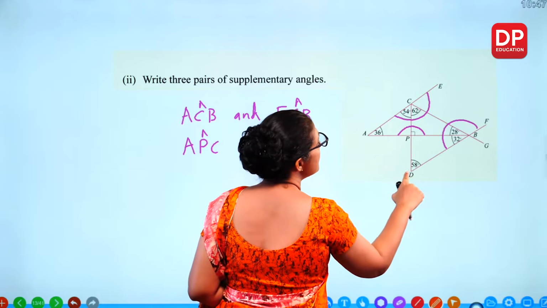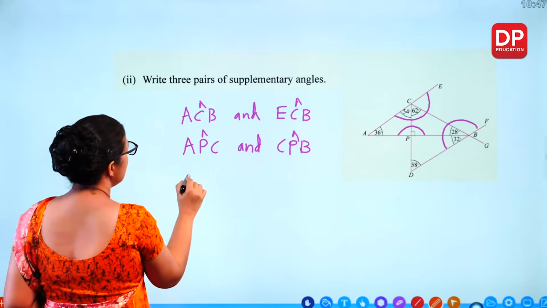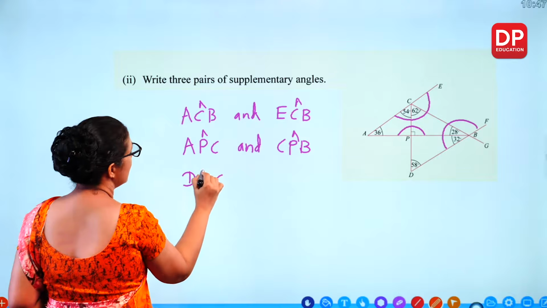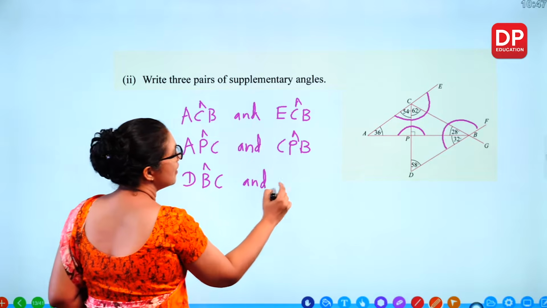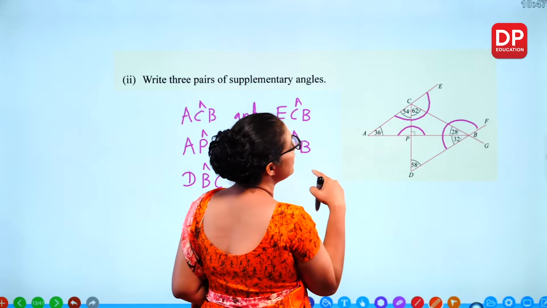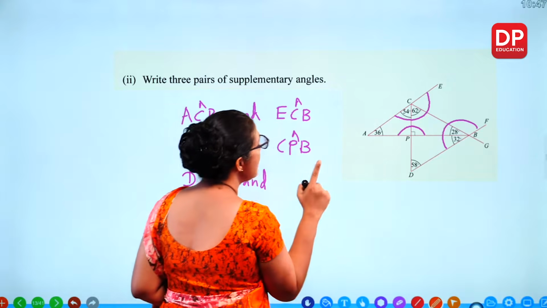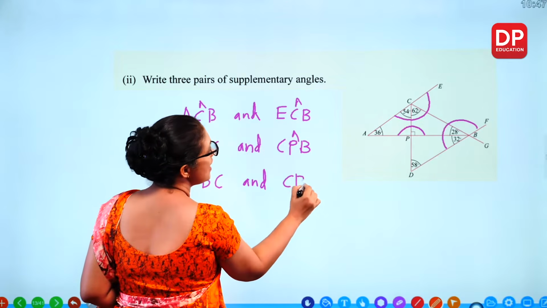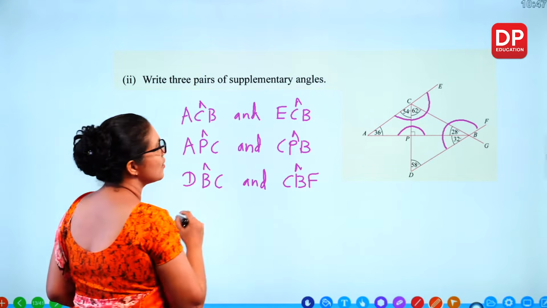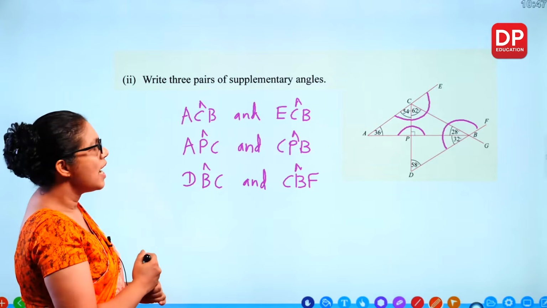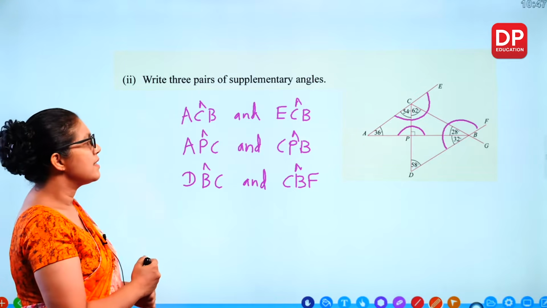And this one, DBC angle with CBF angle. Those are supplementary, add up to 180.